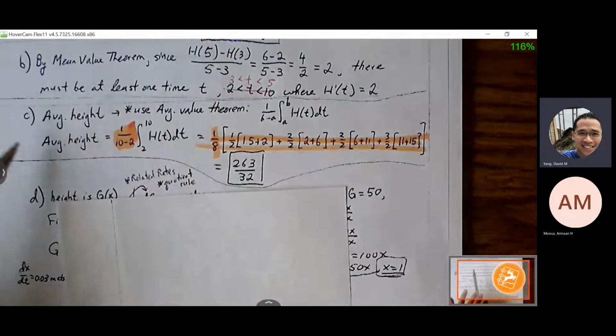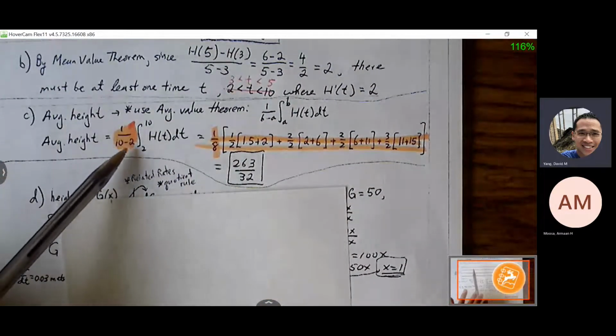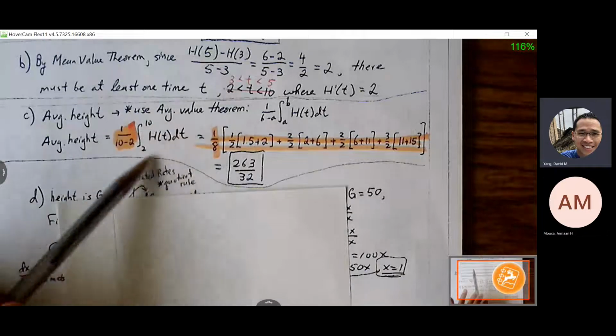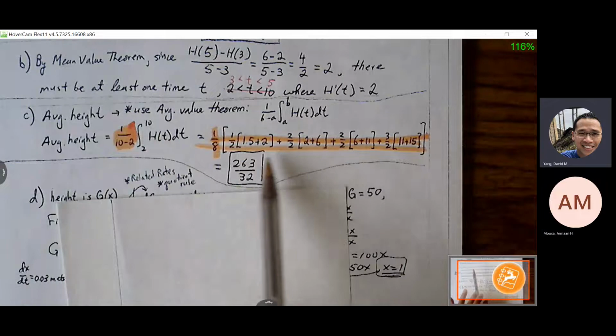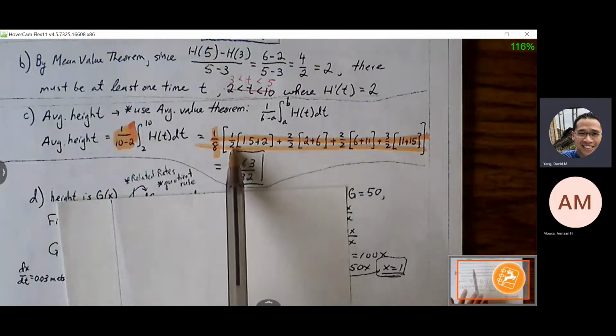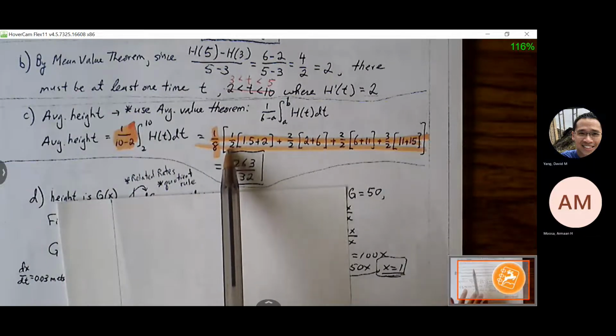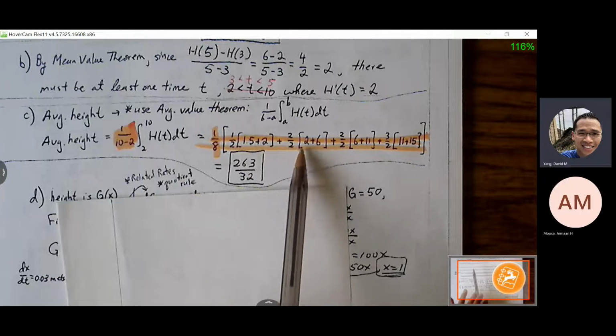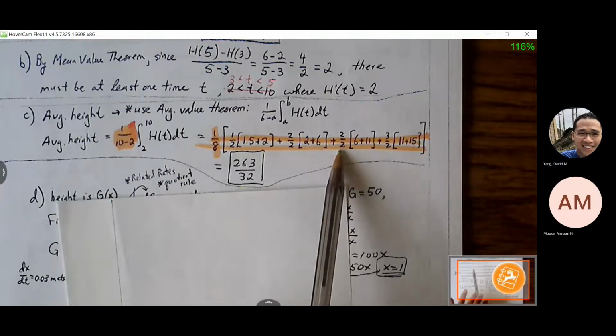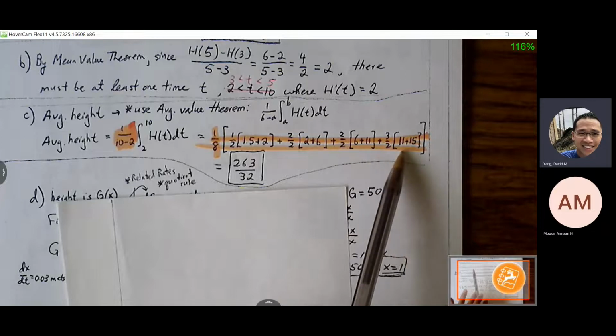Don't forget about that 1 over b minus a, which is 1 over 10 minus 2. And the integral is going to be represented as an approximation using the area of trapezoids. So 1/2 times width times height 1 plus height 2, 1/2 times width times height 1 plus height 2. Same thing all the way through.